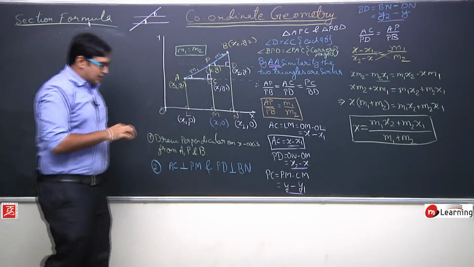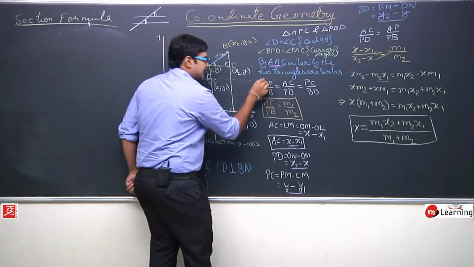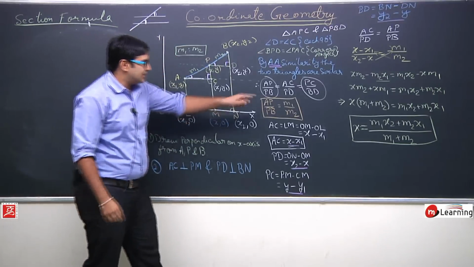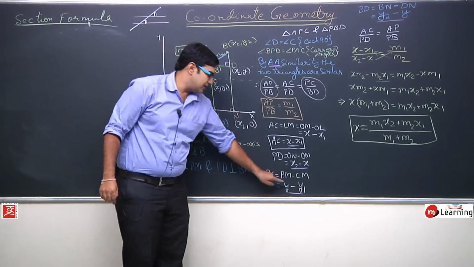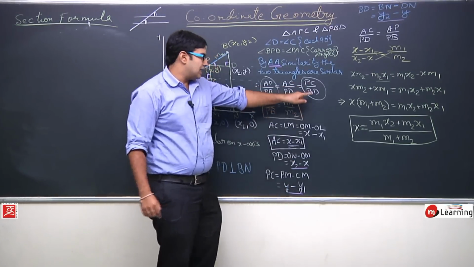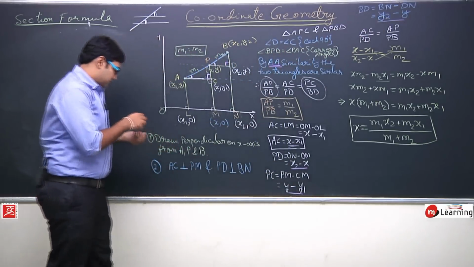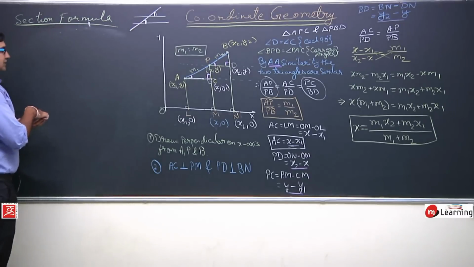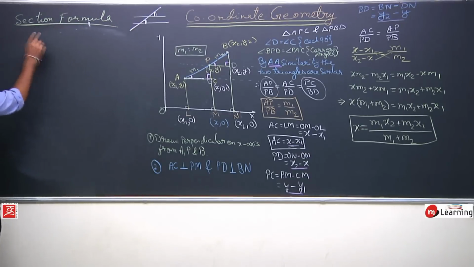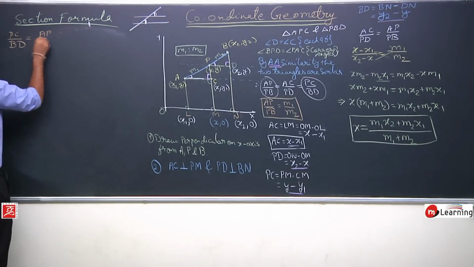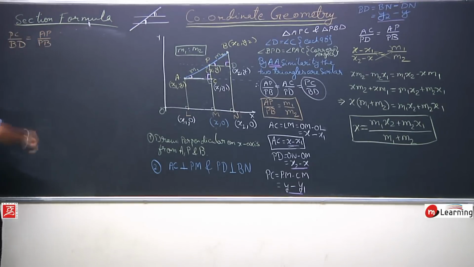So to calculate the y coordinate, we need to use this relation and this relation, because you can see the length of PC is in terms of y and length of BD is also in terms of y coordinate. Okay, so I am going to use the relation PC upon BD is equals to AP upon PB.